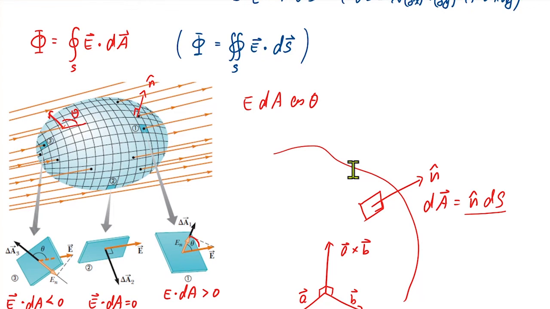dA is the area of one of the windows times the normal vector. Okay, forget it. dA is this window, and then we attach cosine theta.